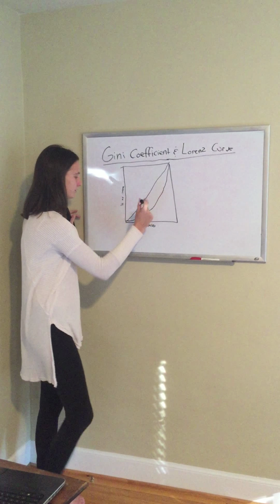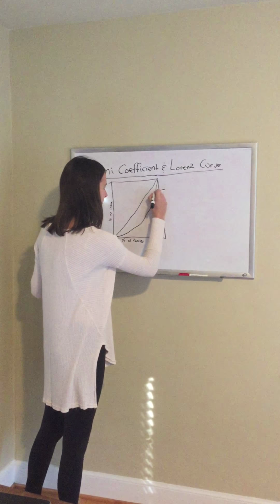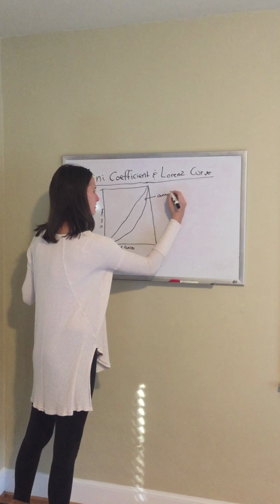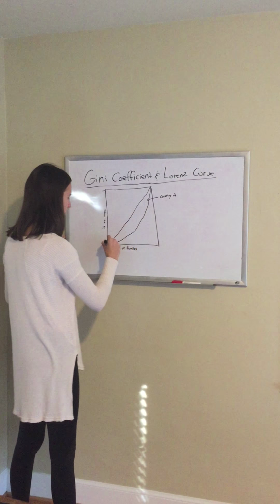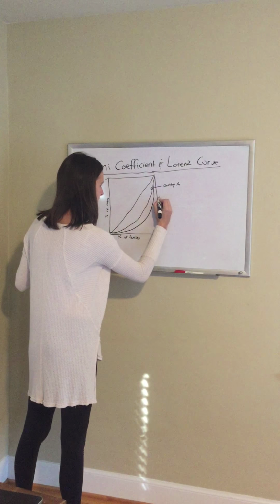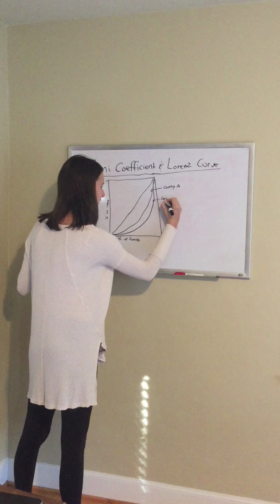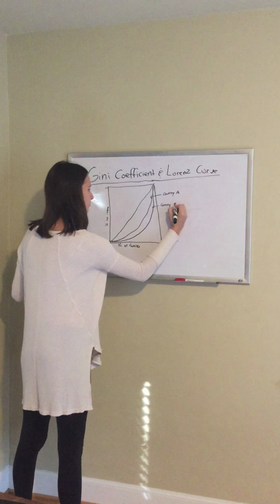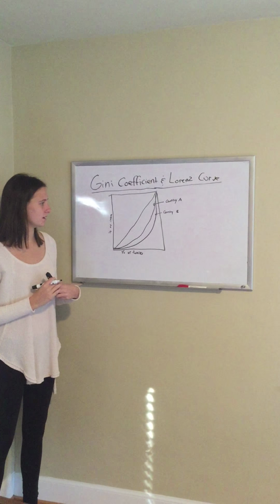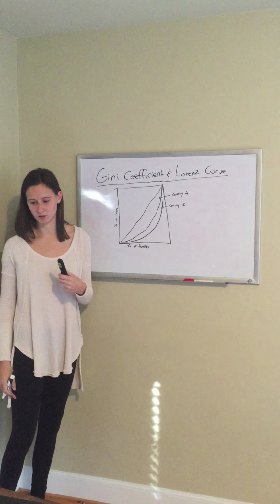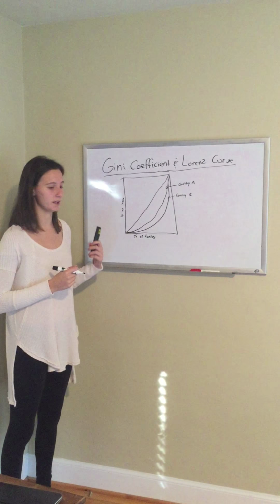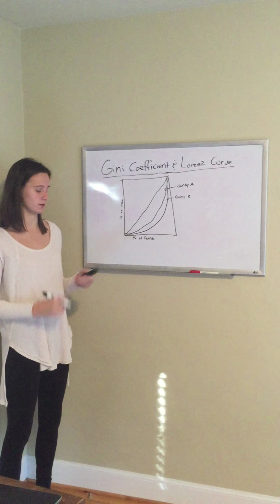So a more bowed out Lorenz curve, let's say this Lorenz curve right here represents country A. A more bowed out Lorenz curve, let's say this is the Lorenz curve for country B, will represent more income inequality. So in this case, country B represents more income inequality. And Lorenz curves can actually show inequality across countries or across time.